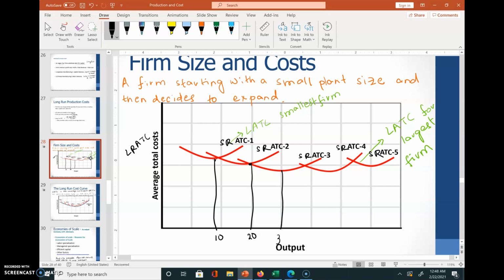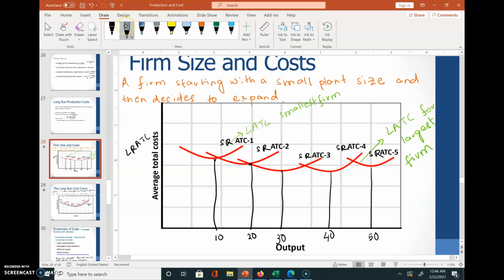If it wants to produce 30 units of output, it's gonna use short run average total cost 3. 40 units of output, gonna use short run average total cost 4. 50 units of output, the farm will use short run average total cost 5.